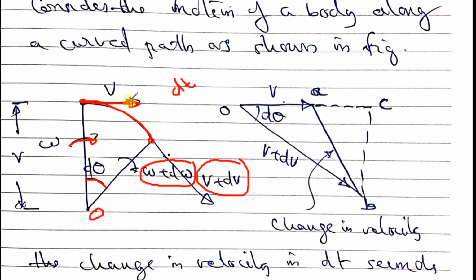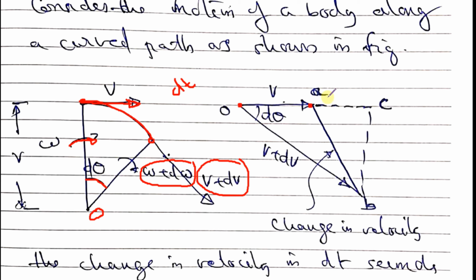Now we can represent these linear velocities v and v plus dv in vector form like this. This is parallel to v and this is parallel to v plus dv, and due to the geometry this angle will be d theta, the same angle between these two.